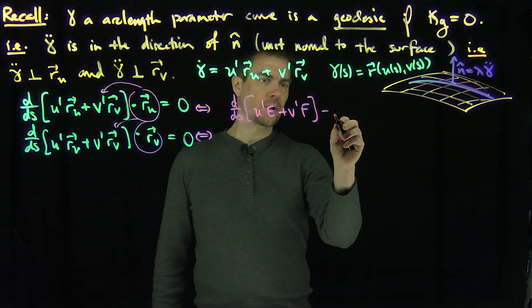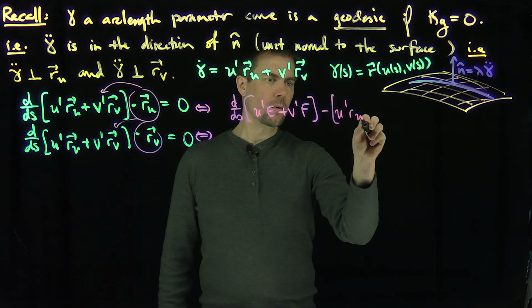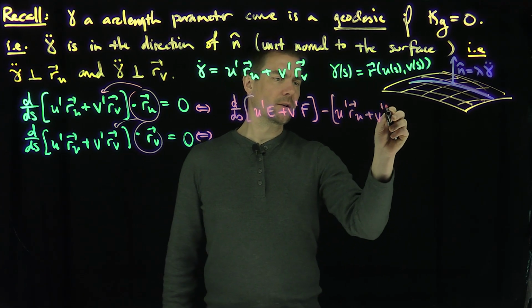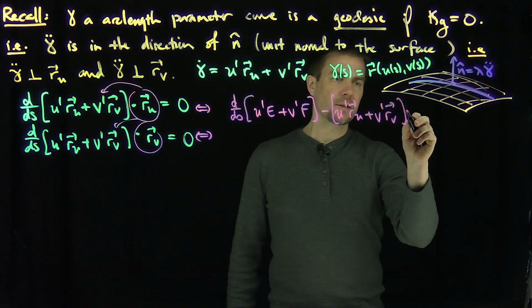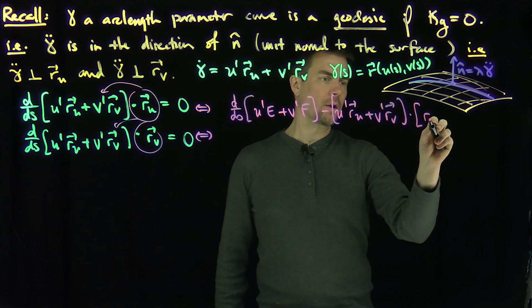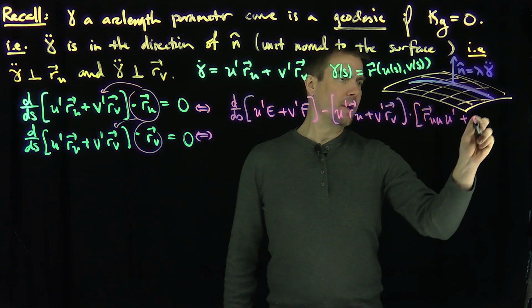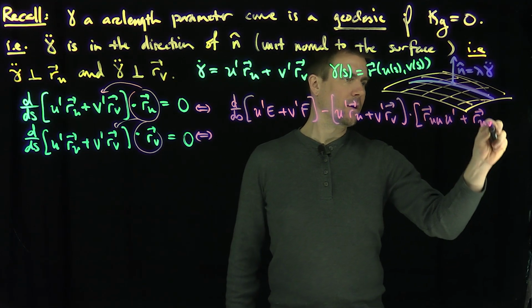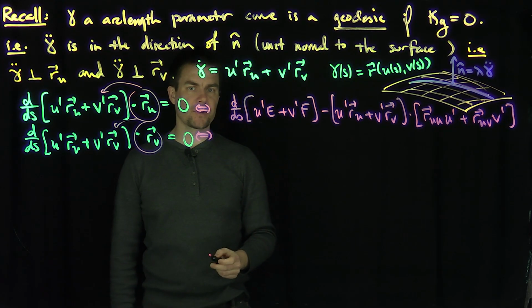So that's going to be minus u prime ru plus v prime rv, and then dot the derivative with respect to s of ru. And what will that be? That's going to be ruu u prime plus ruv v prime. Okay, that's the second derivative, so I've compensated for that correctly.